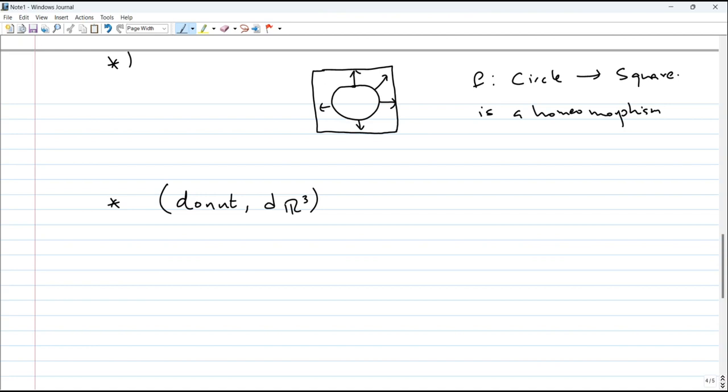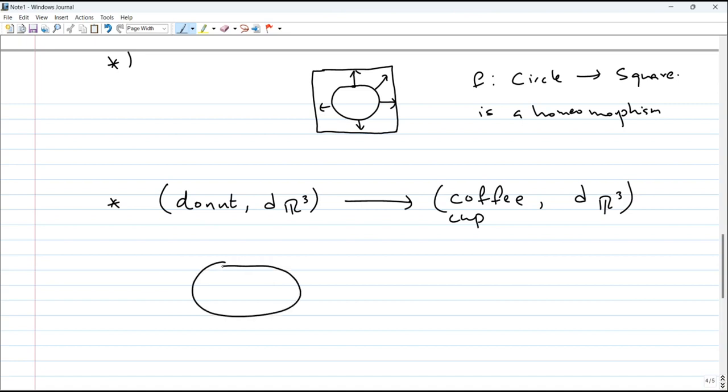So if we think of our universe as three-dimensional, then the donut we can think of as living in R3, and we can inherit the metric from R3. And the same thing with the coffee cup, with the metric given in R3. This is a homeomorphism. It's just like the circle and the square case.